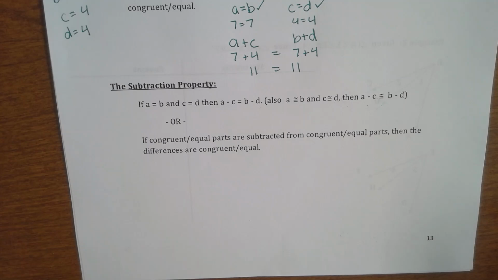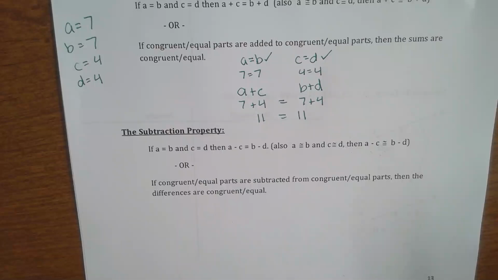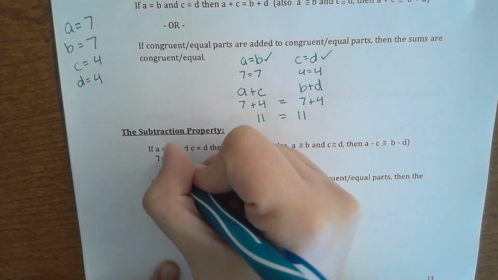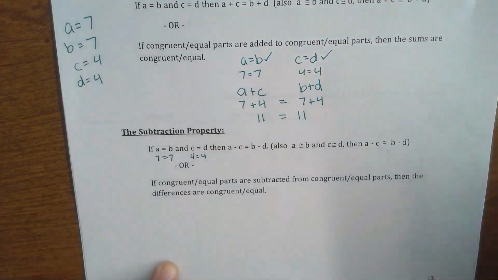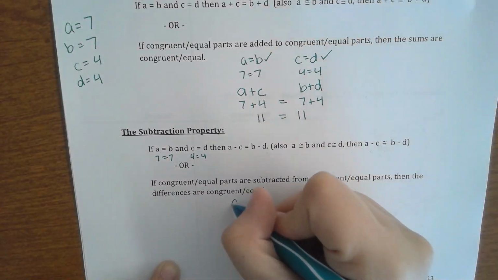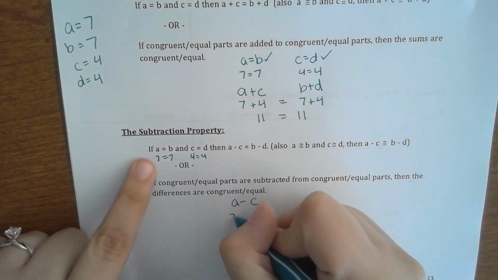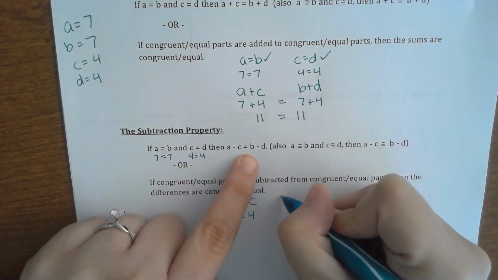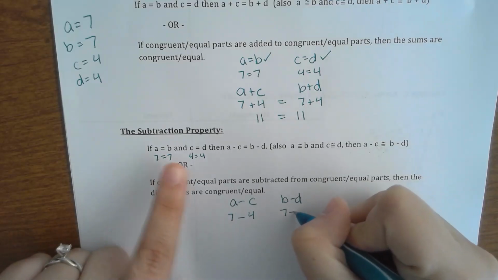So let's look at it again. With the subtraction property, I'm going to use the same numbers from up here. So I know A and B are equal. They were both 7. C and D are equal. They're both 4. So now if I take A minus C, 7 minus 4, and I take B minus D, 7 minus 4.